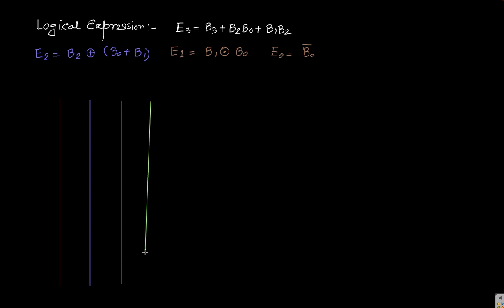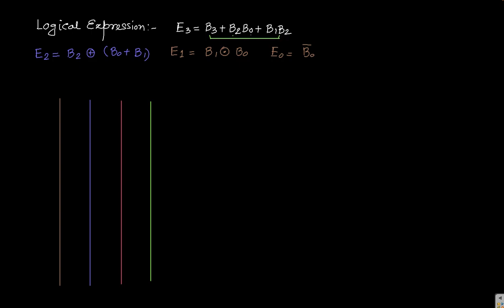It means that E3 is nothing but B3 plus B2 B naught plus B1 B2. That means this whole expression is nothing but an OR of the inputs B3 plus B2 B naught plus B1 B2, and for B2 B naught and B1 B2 it is ANDed.